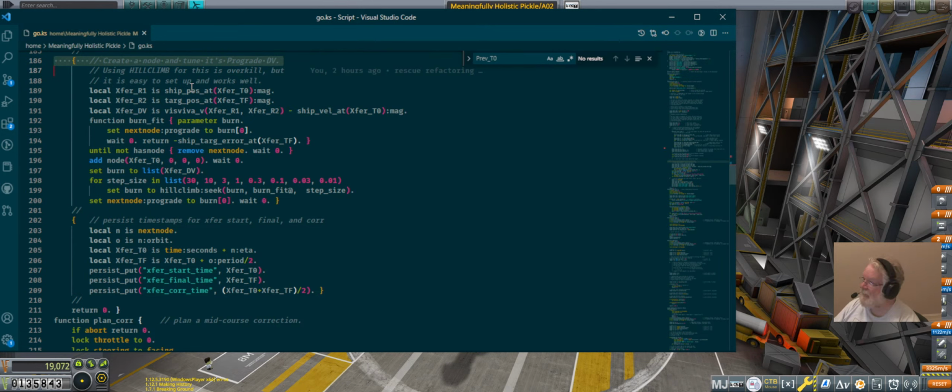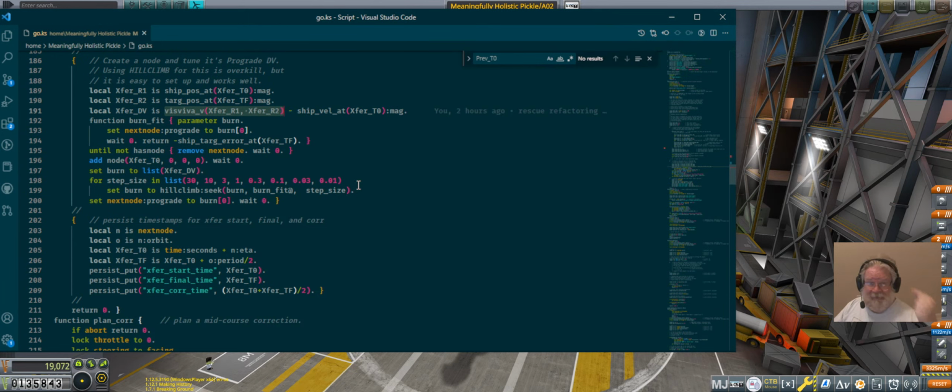So we say we are starting here at the ship position at time 0 magnitude. That's our radius. Our destination, we're going to look at the actual target position at the time we expect to get there, X for TF. Now notice that TF is computed from the rest of this stuff, so there's a feedback loop going on here if we're not careful. And the delta V is: figure out the velocity we should be at the start of our transfer.